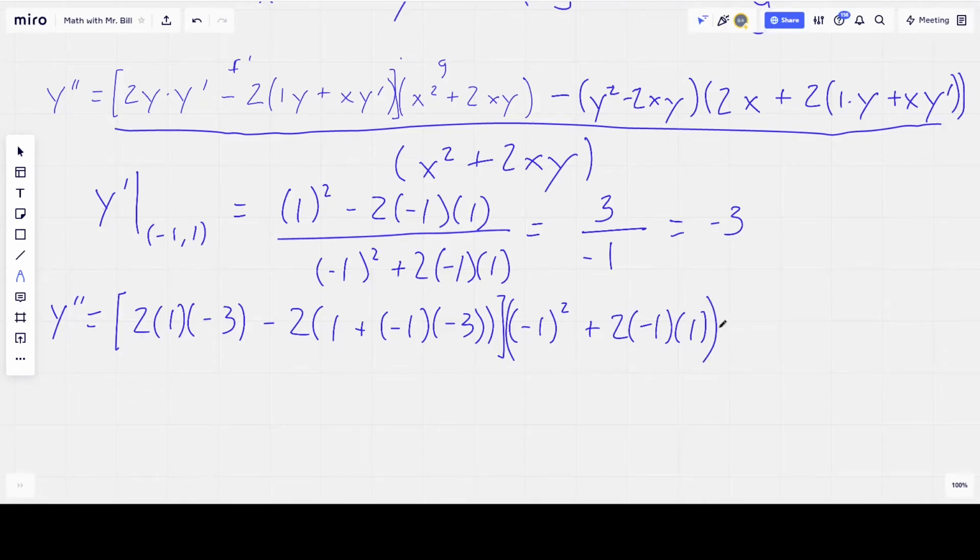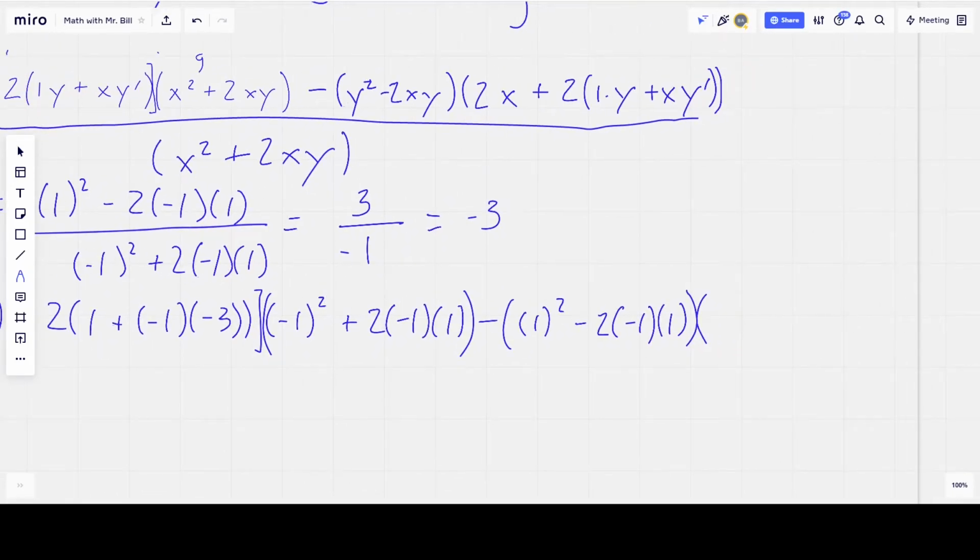Okay. Minus y squared, which is 1 squared minus 2 times negative 1 times positive 1 times two times negative 1 plus 2 times 1 times y, so 1 plus negative 1 times negative 3.